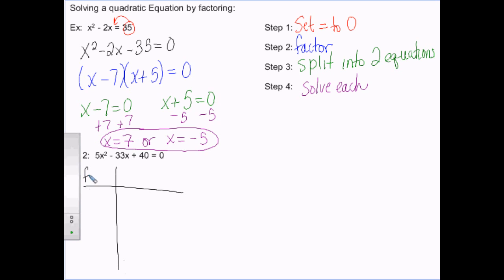Factors of 5, factors of 40, and the sum of negative 33. So these are going to have to be negative factors of 40.